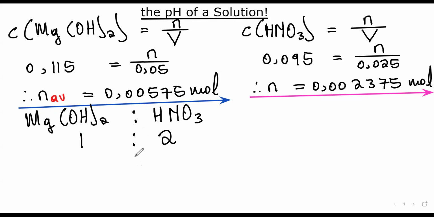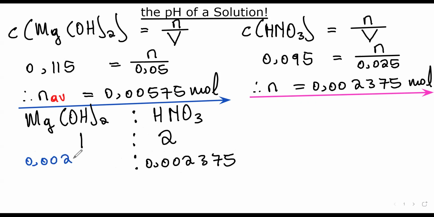So what does this mean? It means that if I have 0.002375 moles of the acid, then how many moles do I have for the base?